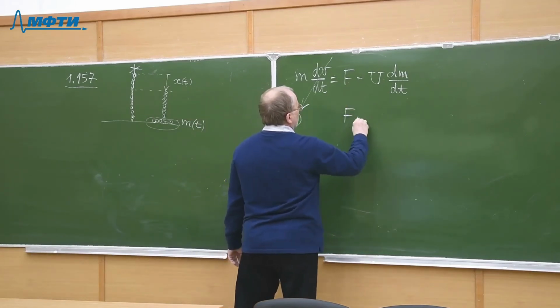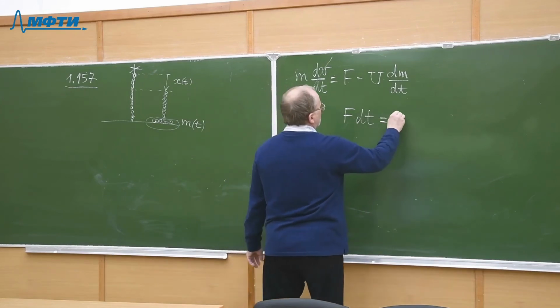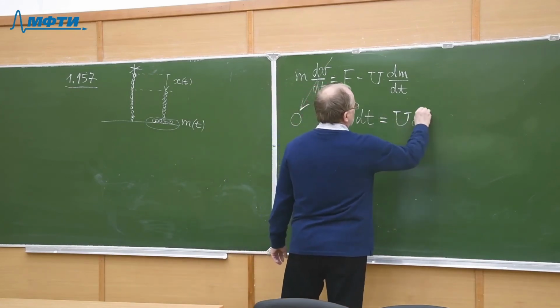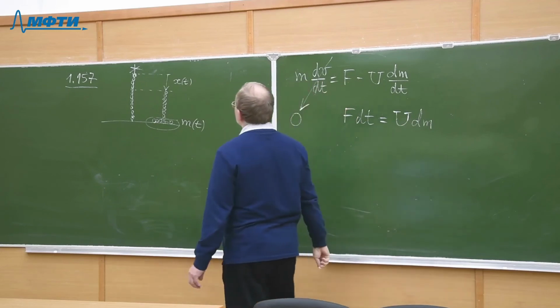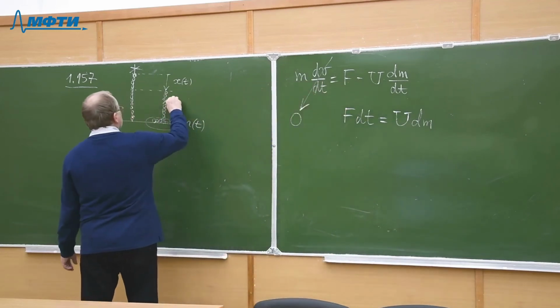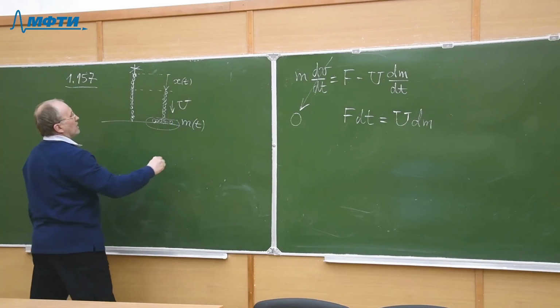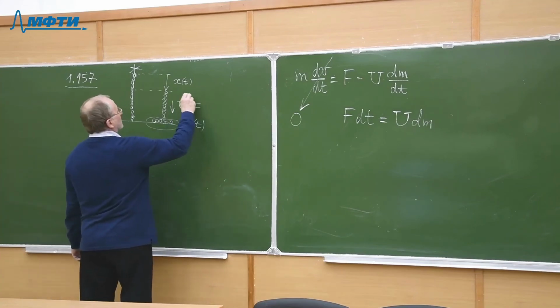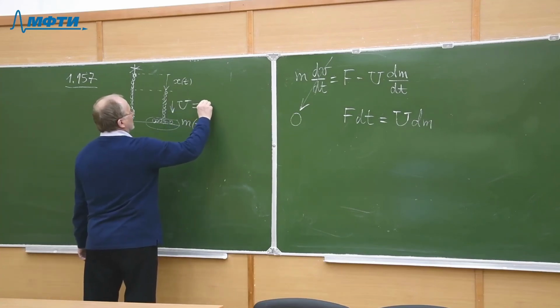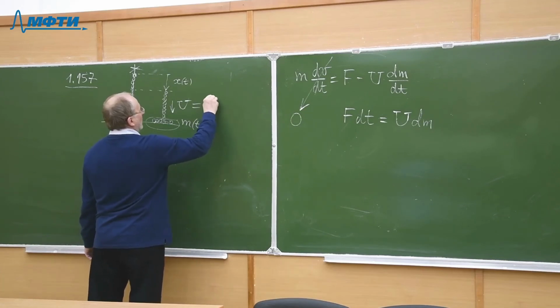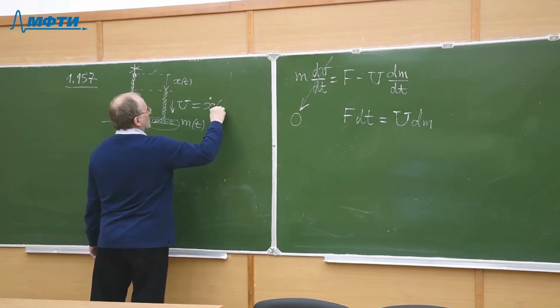That will be F = u dm/dt. And what is u? u is the velocity with which the chain goes down. So u is exactly x dot as a function of time.